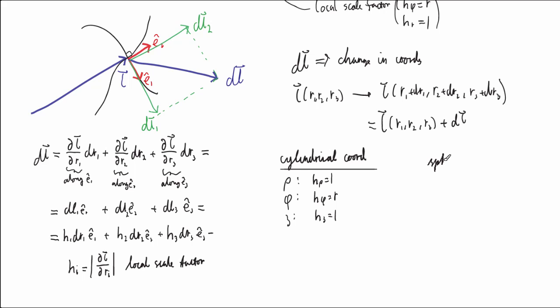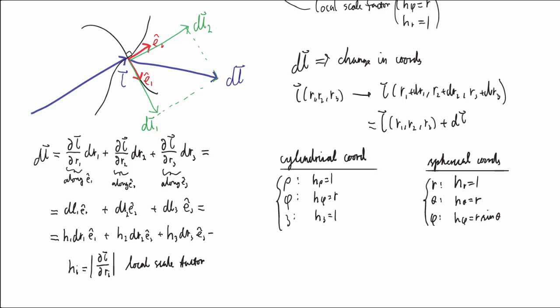And then for the spherical coordinates, the coordinate variables are r, theta, and phi, with scale factors 1, r, and r times sine theta. So this is something you should have seen already.